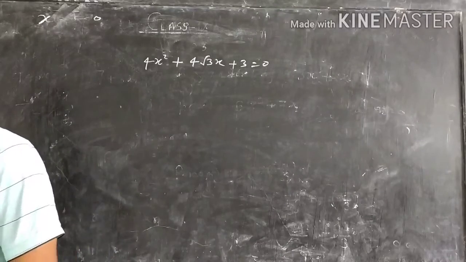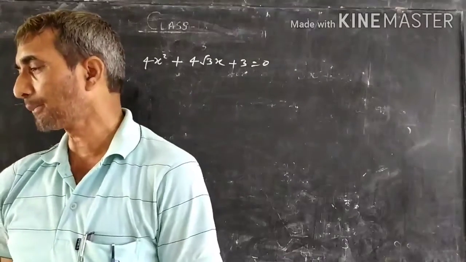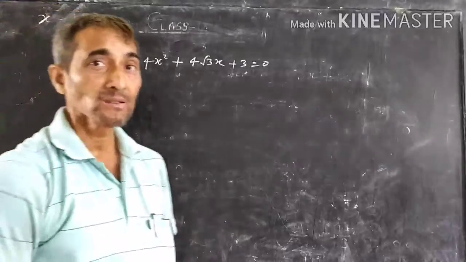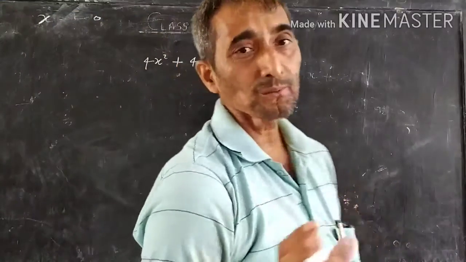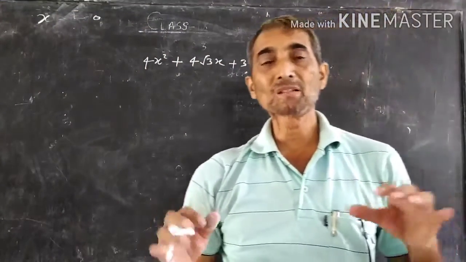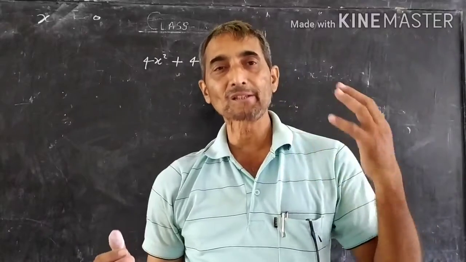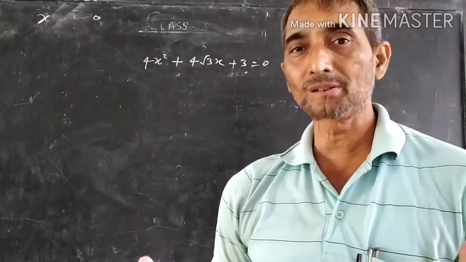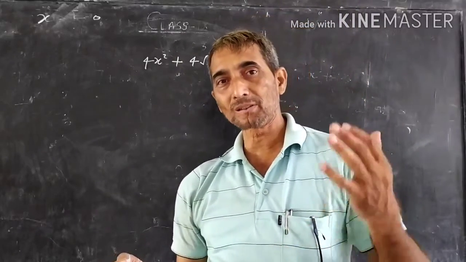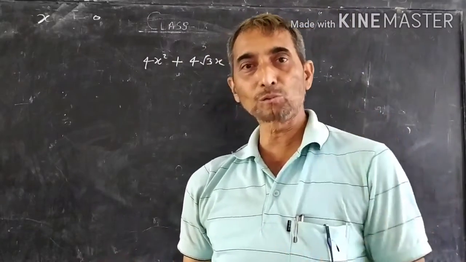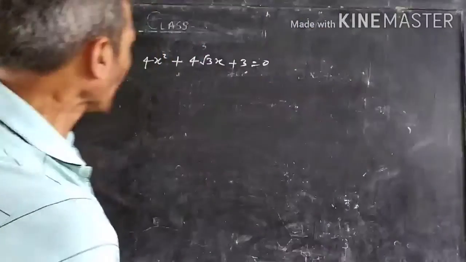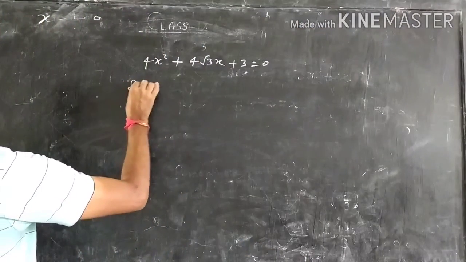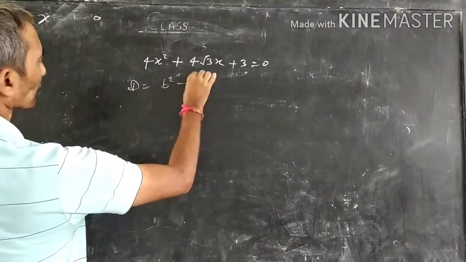Question is, if they exist by the method of completing square. Exist means some quadratic equations may not have any roots. Problem is, how can we check whether a quadratic equation has roots or not? So a symbol is the discriminant D, b square minus 4ac.